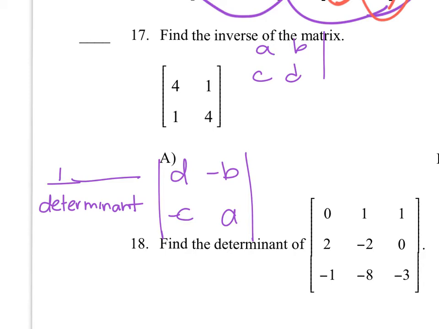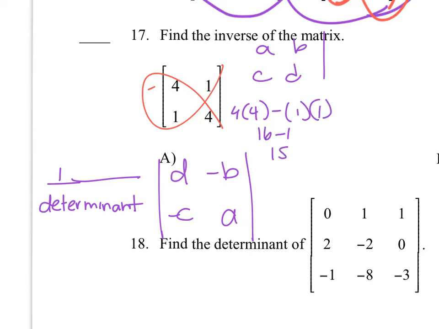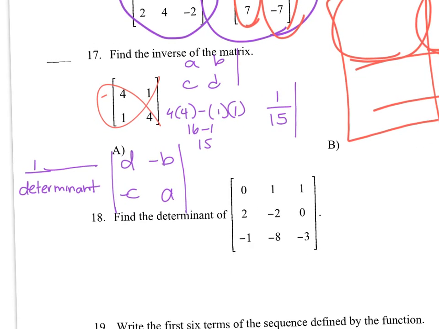This is a really bad example because it's the same either way, but we'll walk through it. So we do the little fish to get the determinant, which would be 4 times 4 minus 1 times 1, 16 minus 1, which is 15. And then I would put 1 over 15 times, and I switch these two, which sadly are the same this time, but 4 and 4.